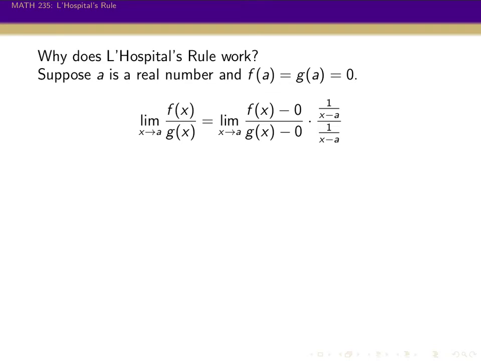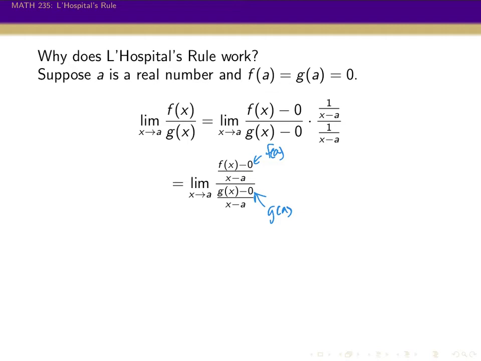And so then when we fit this together, we've got the limit as x goes to a of f of x minus 0 divided by x minus a, and g of x minus 0 divided by x minus a. And remember that this 0 is really f of a, and this 0 is really g of a.